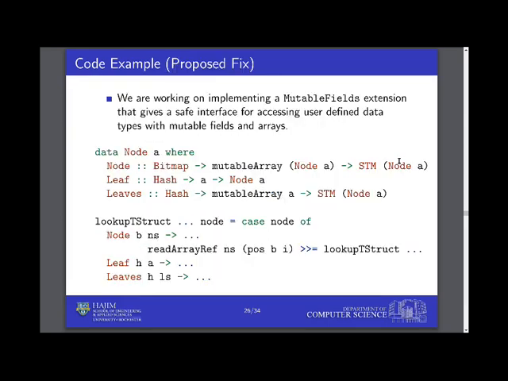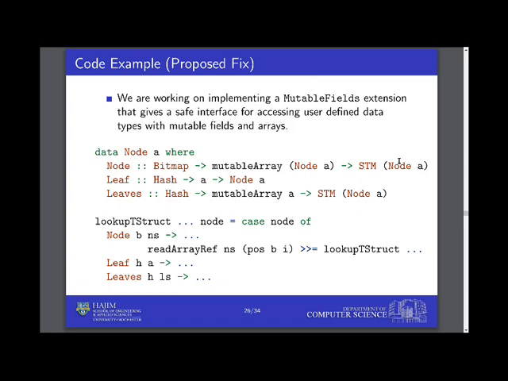So lots of error-prone things. But thinking about it, we have a good idea for how to fix that with Simon Marlow's immutable fields extension, extending on top of that and adding STM as a possible kind of target for these mutable fields. So you can declare data types and mark certain fields as mutable, and also mark a context in which the data type makes sense. So this one makes sense in STM.